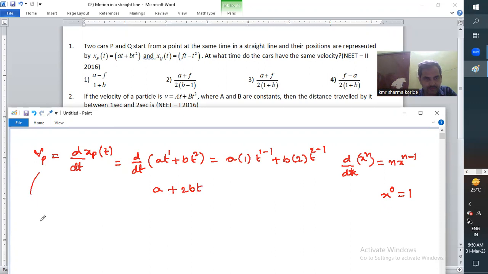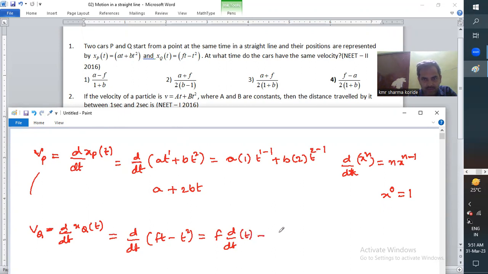So moving to the differentiation for car Q, v of Q is equal to d by dt of x of Q, which is ft minus t square. So once again, f times d by dt of t minus d by dt of t square.